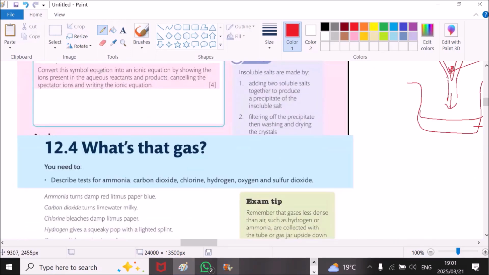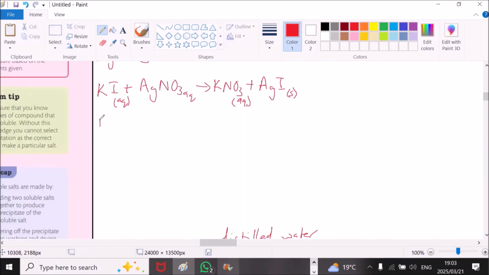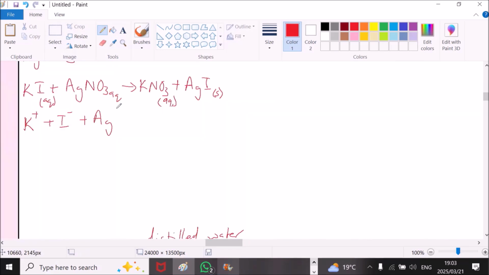Convert this simple equation into an ionic equation by showing the ions present in the aqueous reactants and products, cancelling the spectator ions and writing the ionic equation. From this equation, we have a potassium ion, which is a positive ion, plus an iodide ion, which is a negative ion, plus a silver ion, which is a positive ion, plus a nitrate ion, which is a negative ion.